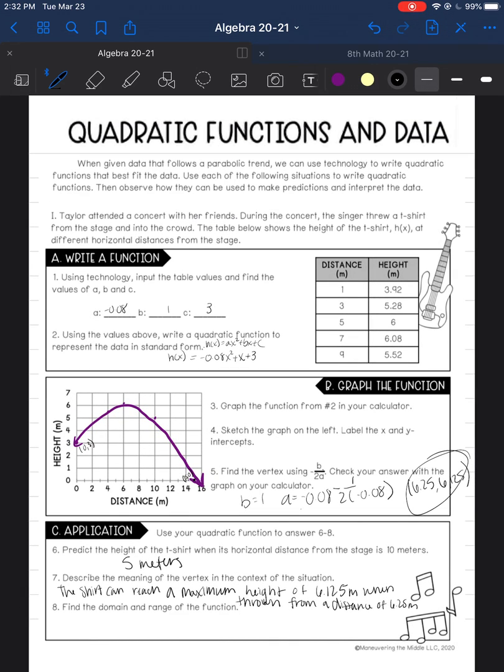So it can reach the maximum height only when it's thrown at this x value, but that is the maximum height possible to throw the shirts. So that is what the vertex means.